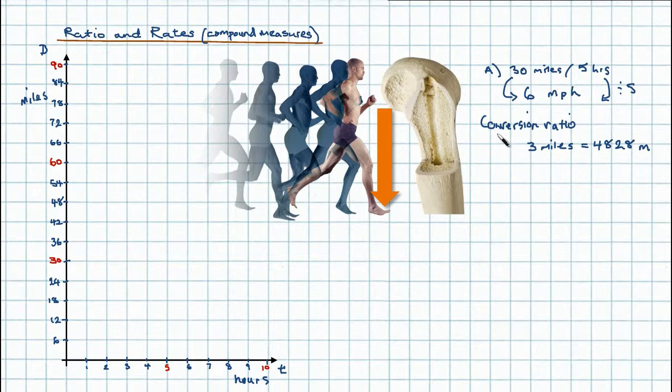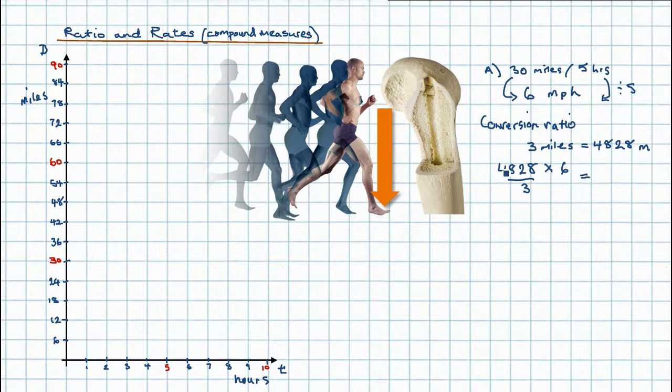So if I take this figure here, 4,828, multiply by my 6, but also have to divide by my 3 so that I get my unit rate. So 4,828 divided by 3 will give me my unit rate, which is about 1,609 to 1. But I don't have to make that conversion at the moment. I've got it in this fraction here.